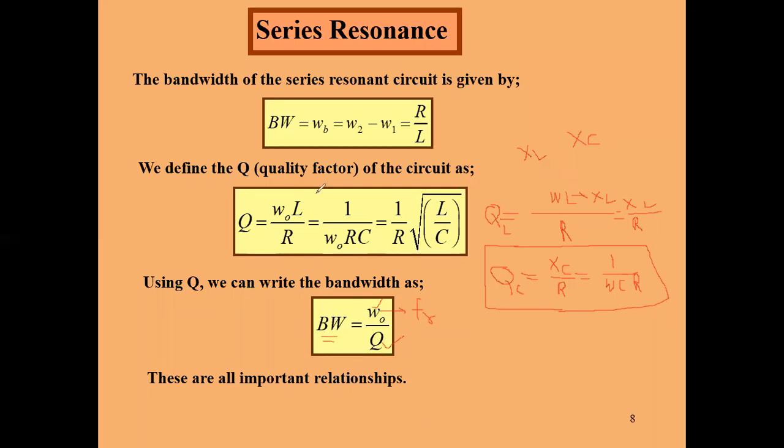And if we have found the bandwidth, we are also able to find omega 2, the maximum frequency operating range, and omega 1, the minimum frequency operating range. Those two values can also be found from this equation. Vice versa, if we know the bandwidth, we are also able to find the quality factor.